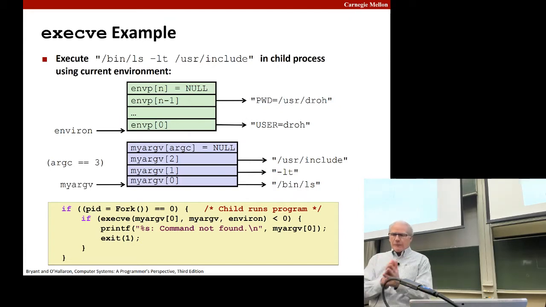What's happened is the parent for some reason wants to run a new program, which normally wouldn't be to just list files, but it basically wants to fire up something and do something with that information. And so the parent calls fork, and now it's got 2 processes, one of which is the original parent, and another is its exact clone, the child.